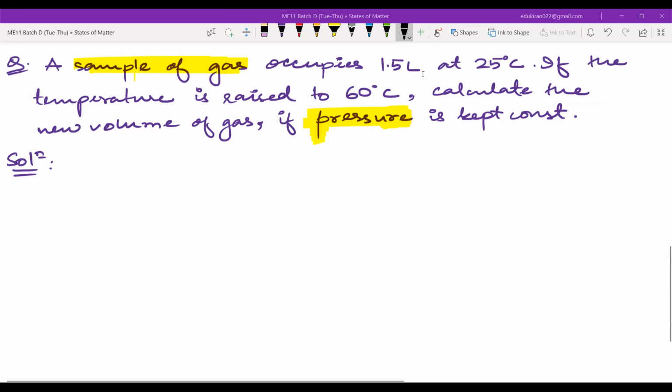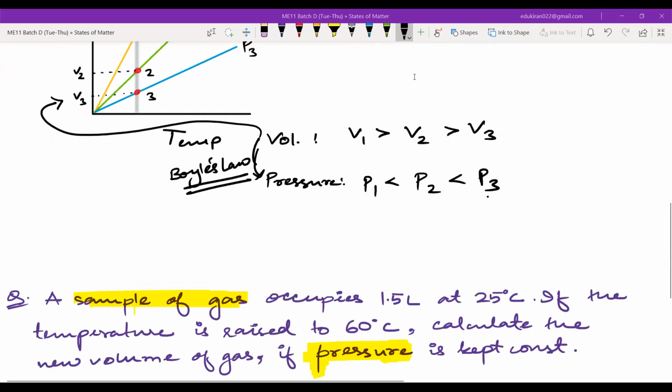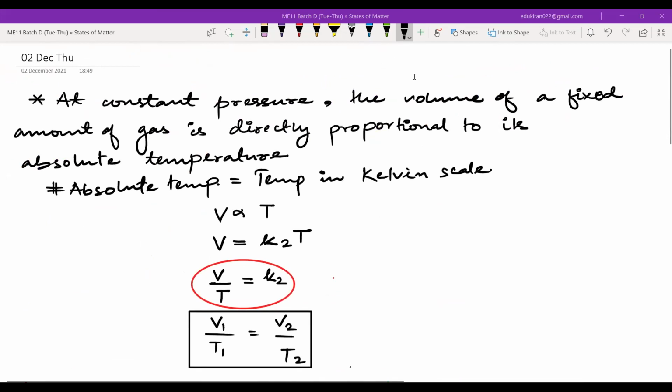Very wrong. Read the Charles law statement, and then try again.